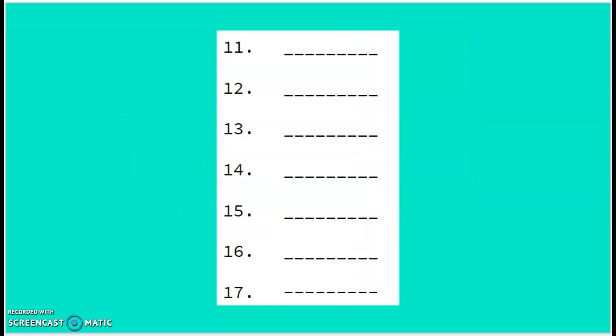Go ahead and look at 11 through 17. Let's spell some words. Number 11, snack. S, N, A, K. Sorry for my bad handwriting, it's hard with this mouse.